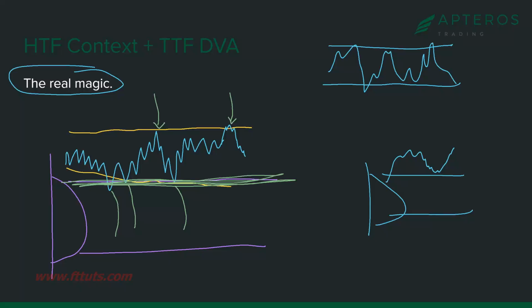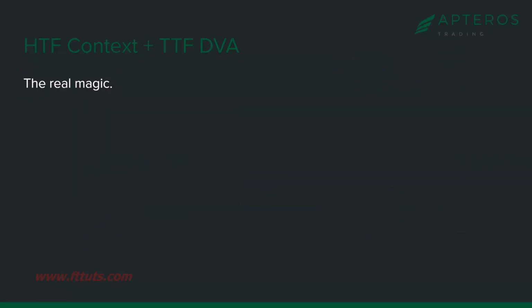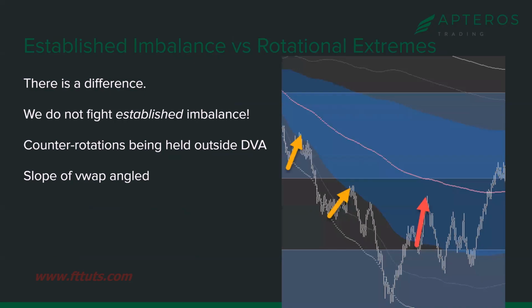Let's look at some real examples. One thing that's important is understanding you may have price, you may have a DVA, and you may have price that pushes an extreme, and we may consider this a point to look for a long, depending on narrative.